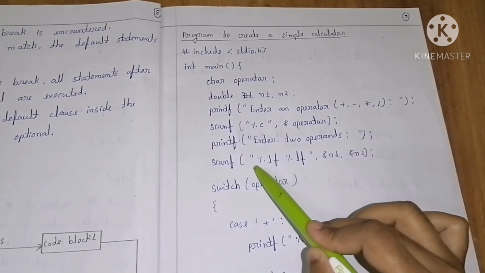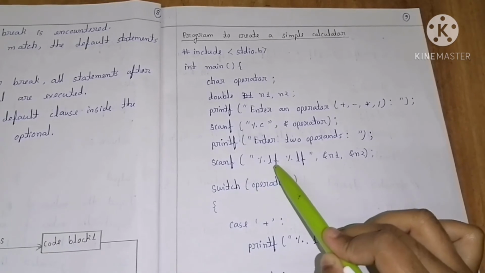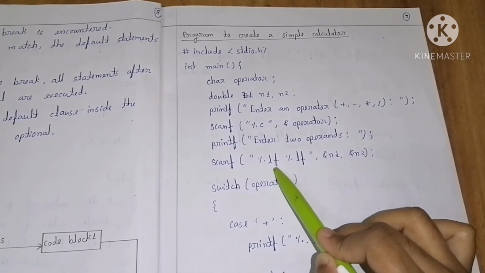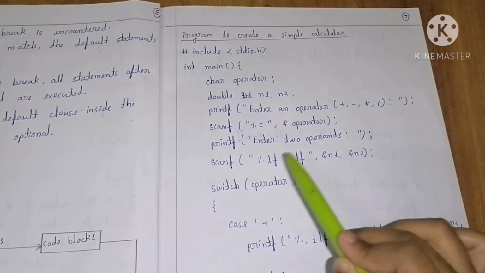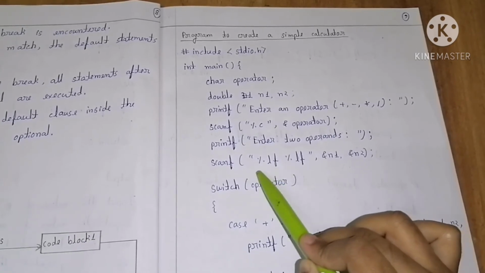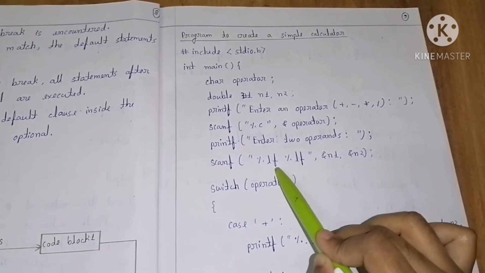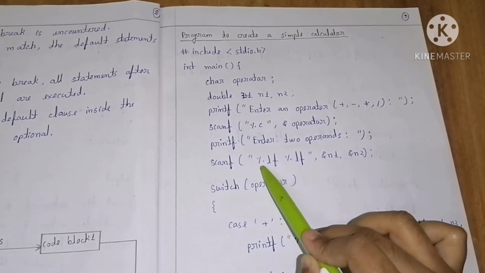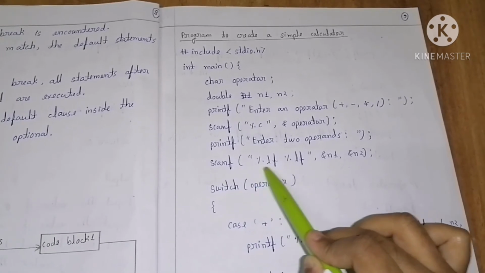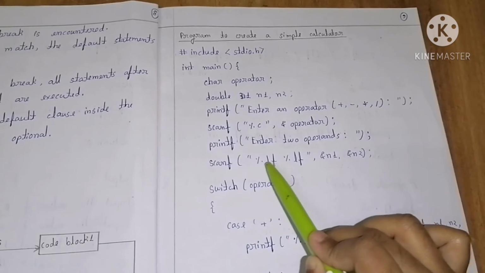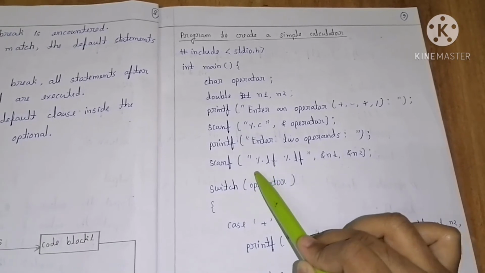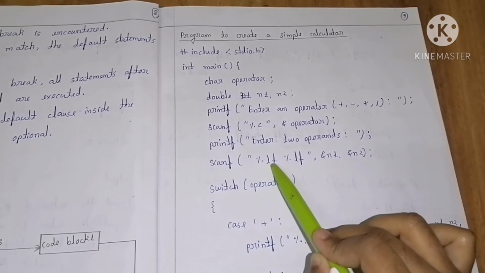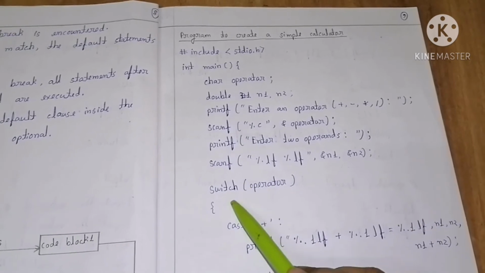If we want to get an output as double, we are using percentage lf. If we want to get an output only in float means we will be using percentage f, but here we want to get an output as double, so we are using percentage lf semicolon, then switch operator.